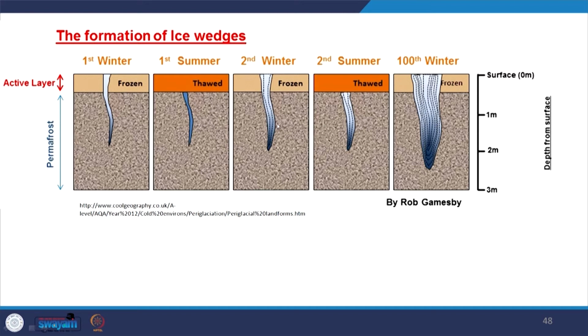Similarly, in the second summer, part of the ice is converted to water and part remains as ice, and this continues for hundreds of winters, that means hundreds of years. So finally the volume of ice increases year after year, and that is why its volume gradually increases.